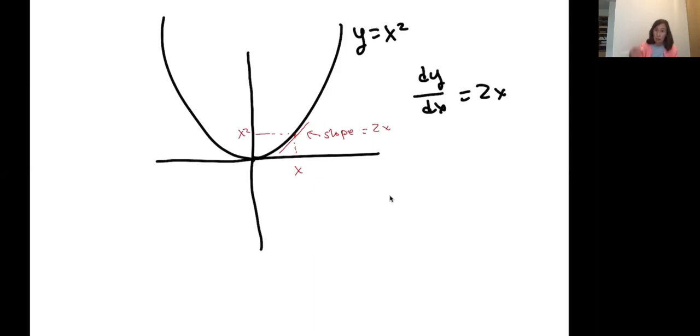Just as with slopes, one of the things we're always worried about is whether it is positive or negative. Positive slope means the function is an increasing function. It means that the impact of x on y is a positive one. Same story with derivatives.